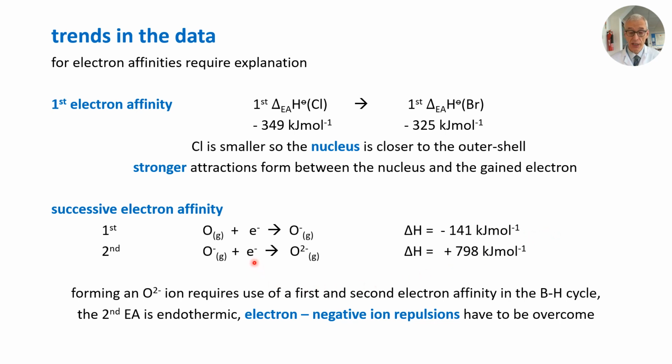Whilst we are forming attractions between the electron and the nucleus of the 1- ion, we've also got to overcome electron-negative ion repulsions. So this electron has to overcome the negative repulsions, and therefore that requires energy, and delta H is positive. That is, the second electron affinity is endothermic, and that will always be the case.